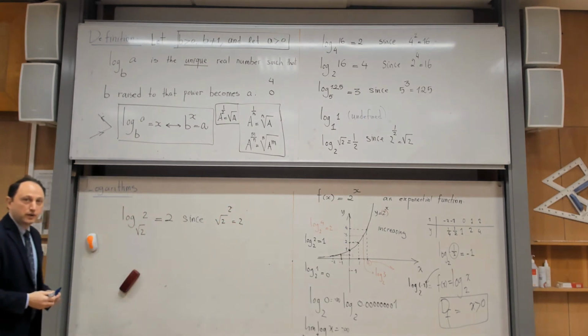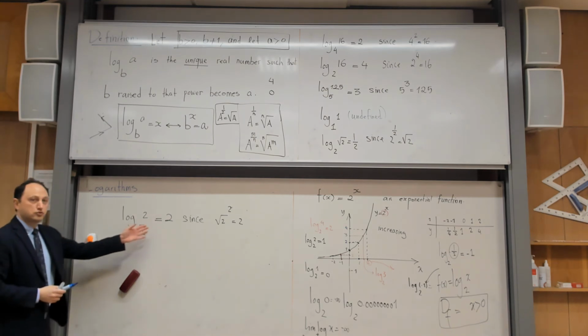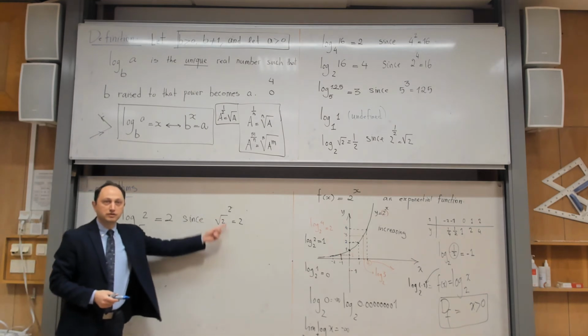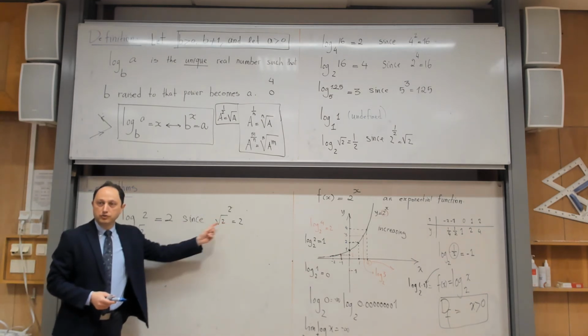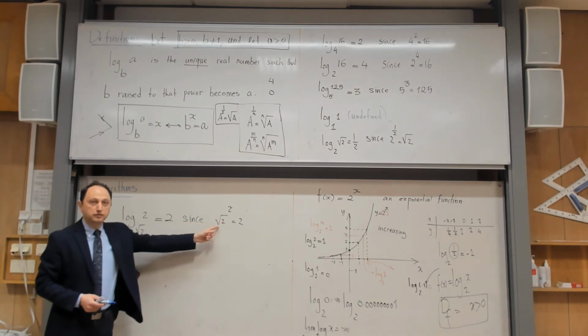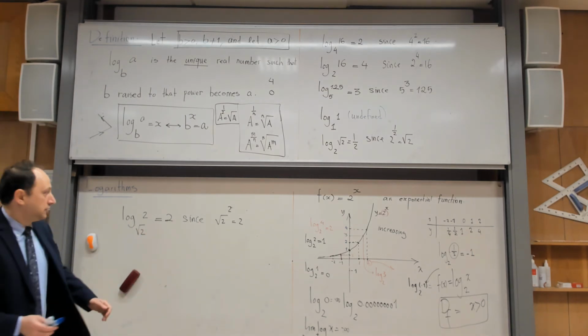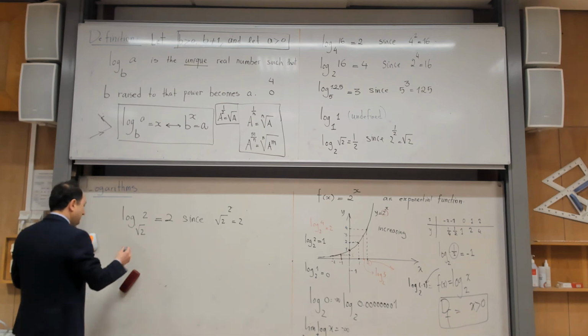So whenever you want to see if a logarithm is true or false, you translate it into the language of exponents. And if that turns out to be true, you say this is true. If that turns out to be false, you say this is false. Is that clear?